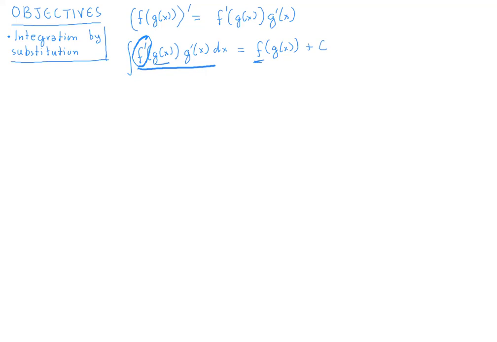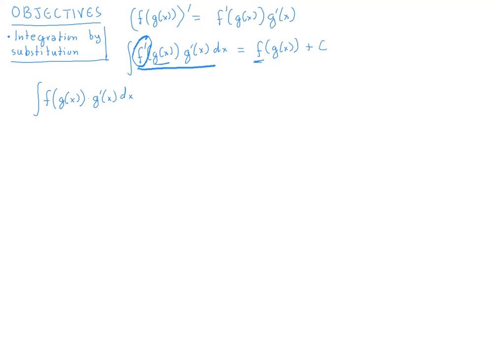So in some sense, we can package this process by saying that if you have an integral of any function which is composed with some other function, and the derivative of that second function, the inner function, is present, then all we need to do is find an antiderivative for the outer function f.